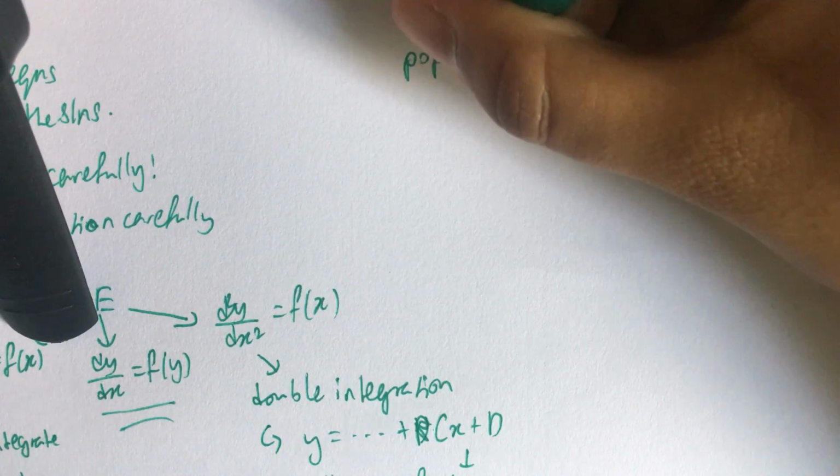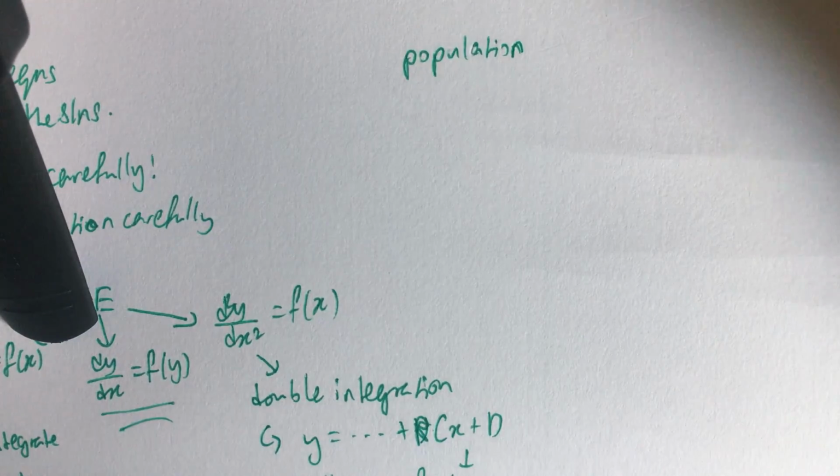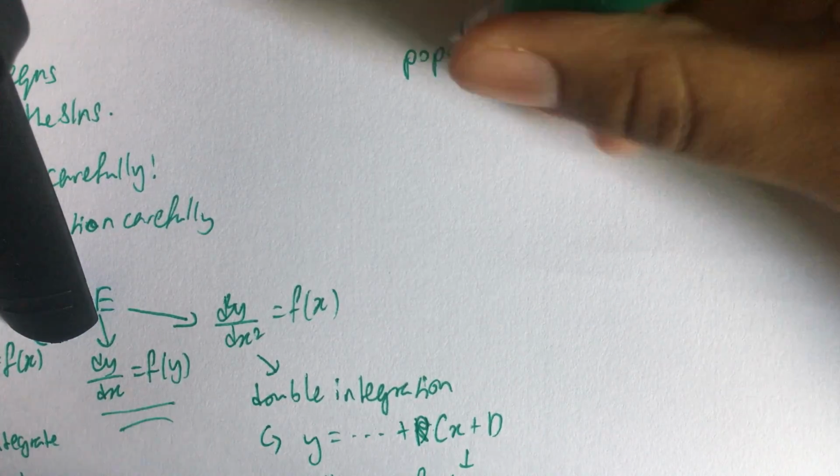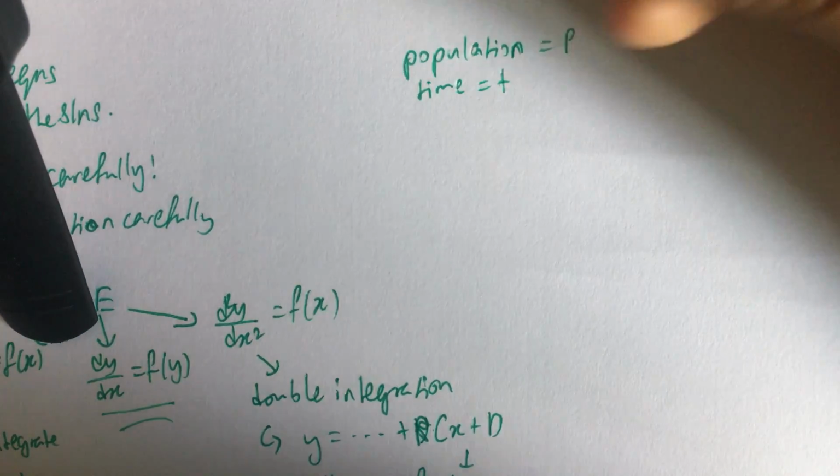So let's say the population growth has a rate, and that rate is proportional to a certain value, for example.